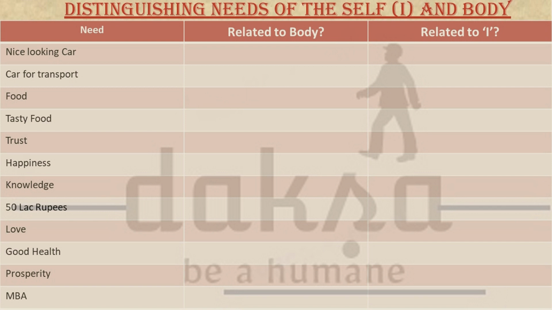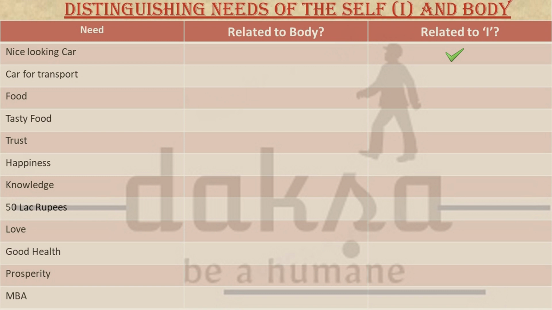The first one in the table is a nice looking car, which is the need of I. Why so? Because I want it, so that whenever I sit in the car, it looks nice and my personality is also improved, right?